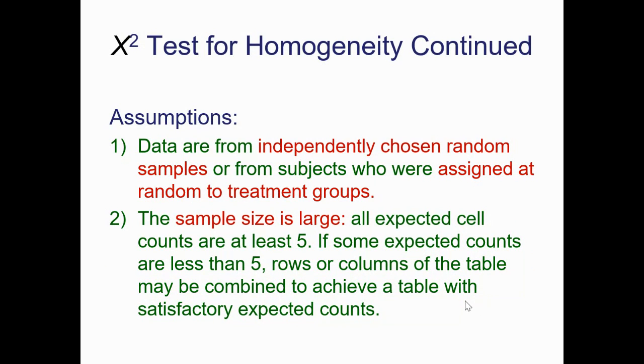So let me ask you this. The table that we just computed the expected counts on, would that one be good to start carrying the test out with? Are all the expected counts 5 or higher? So the 9.81, the 21.19.